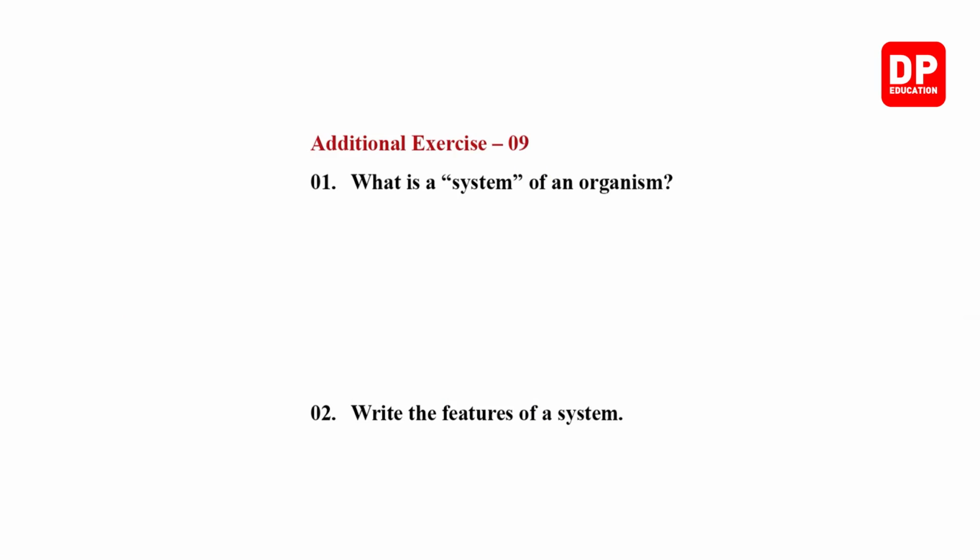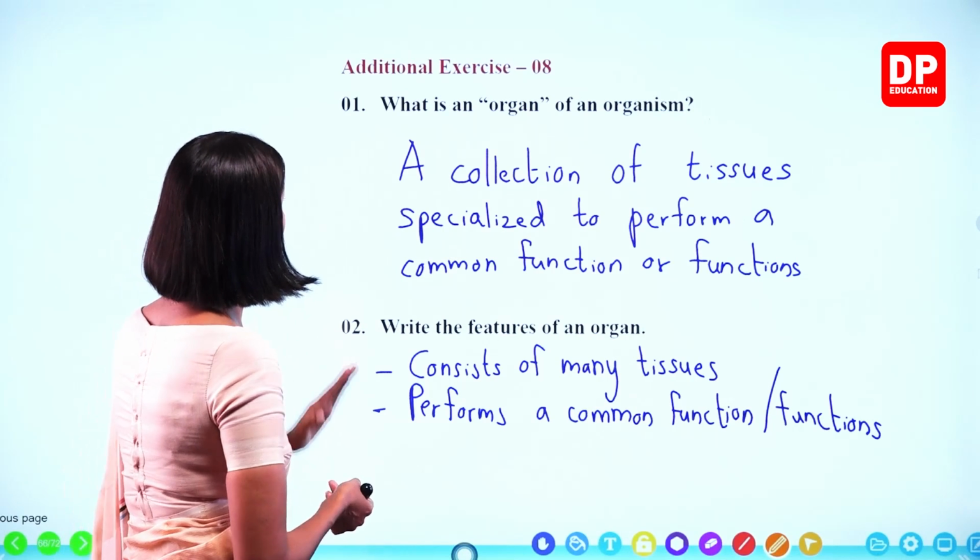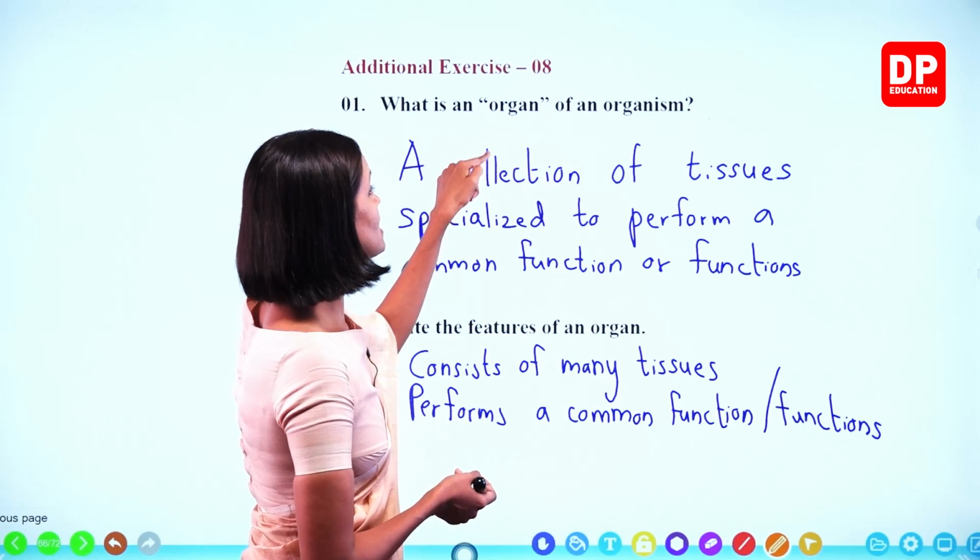Right? What is a system of an organism? The organ means a collection of tissues.